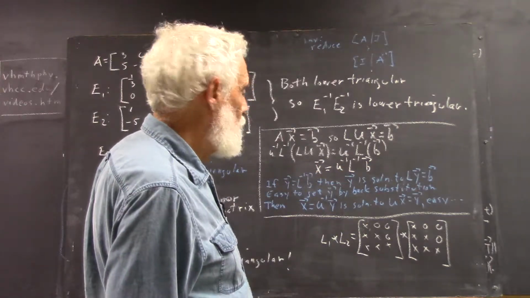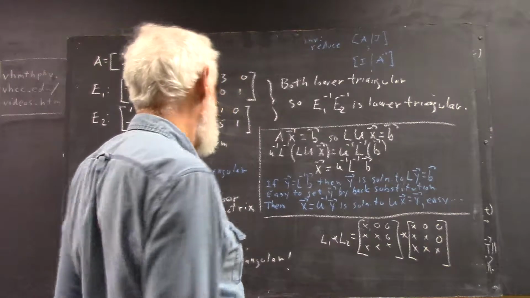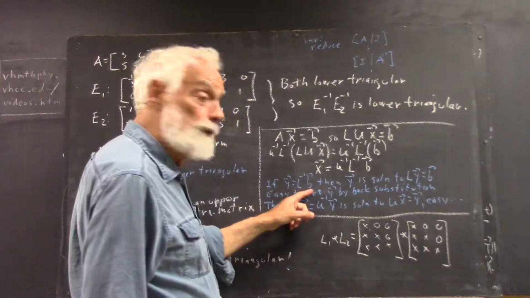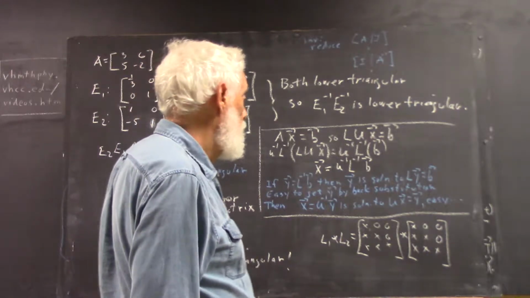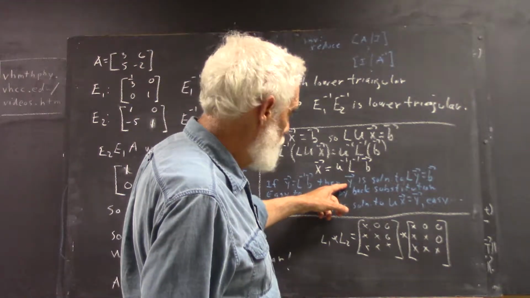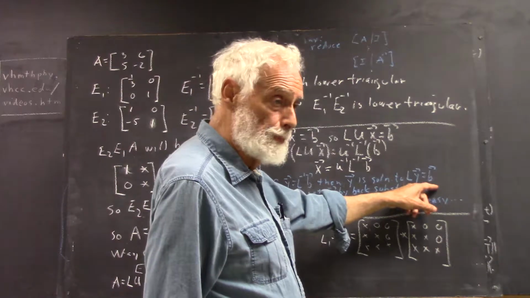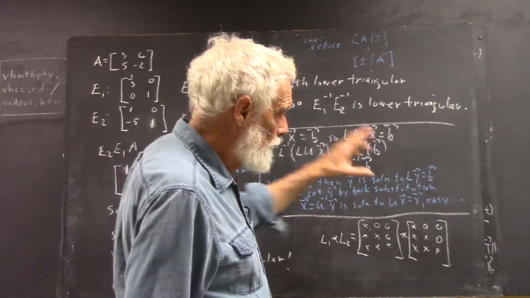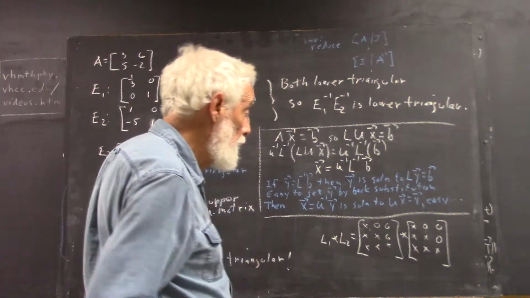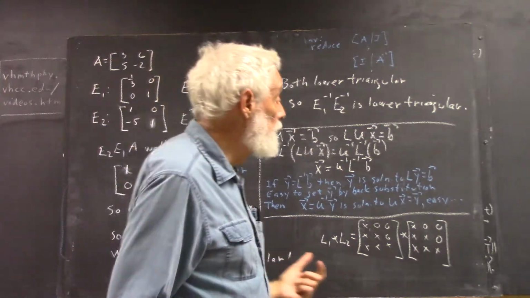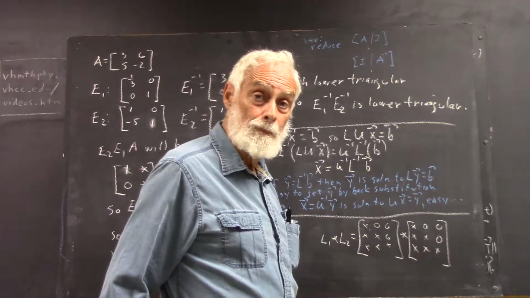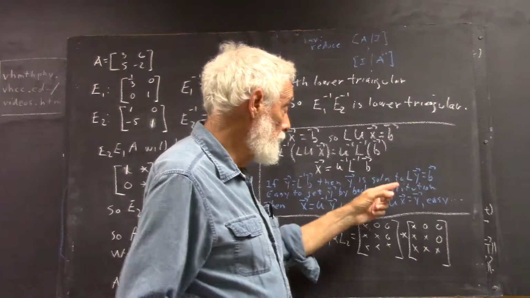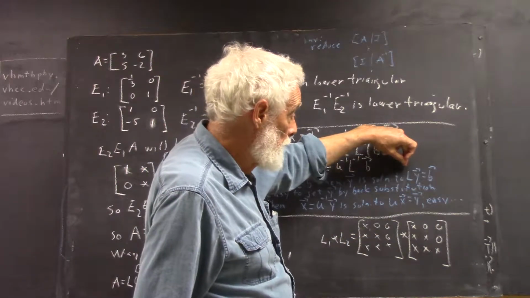Okay? Now what good is that? Well, let's observe that if Y equals L inverse B, then Y is a solution to the equation LY equals B. Now we haven't established it, and I'm probably going to go back and insert a video before this one to establish that it's really easy to solve the system by back substitution, actually forward substitution if it's a lower triangular matrix.